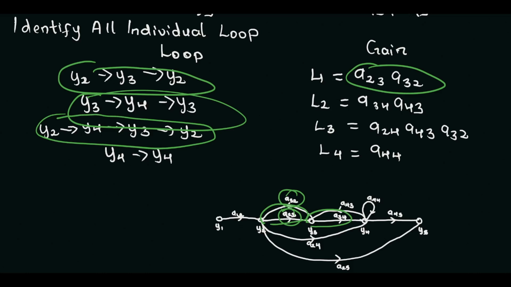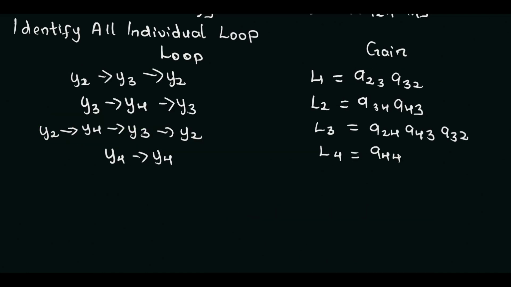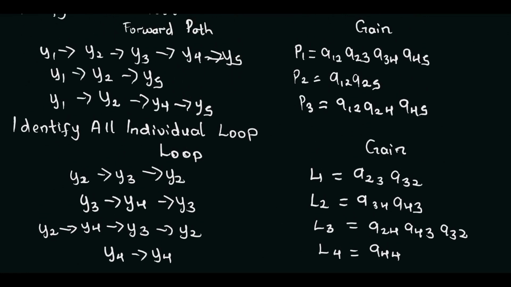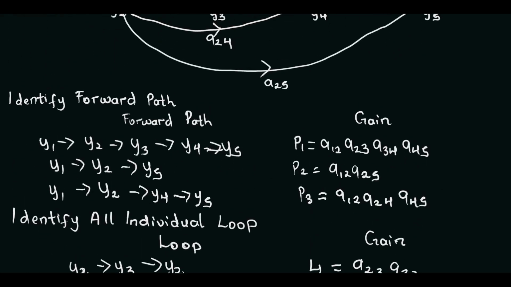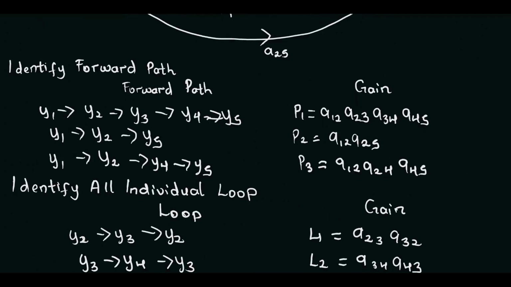You may be wondering why for loop 3 we are using A24, A43, A32. This is because we're moving from here to here, then A43, A32, and back. So you're not passing through this place. I hope that explains it.